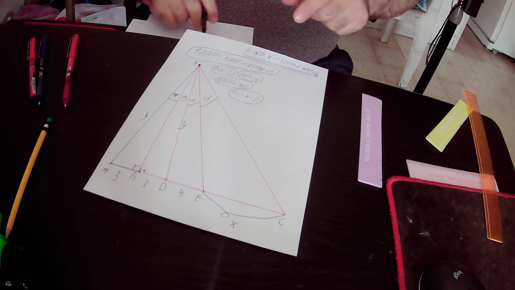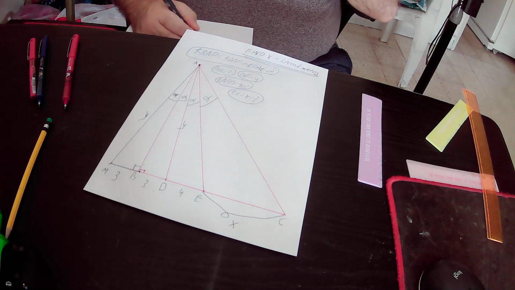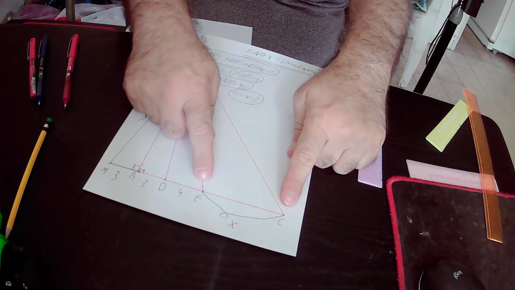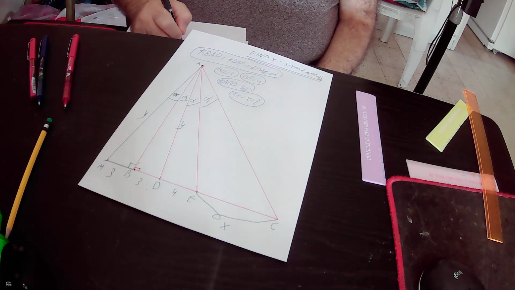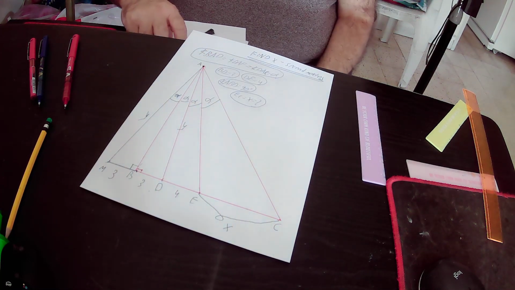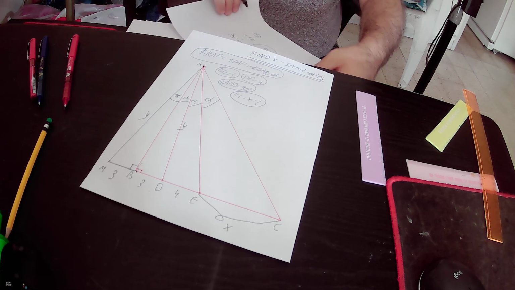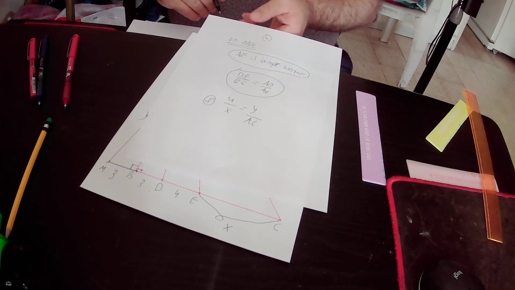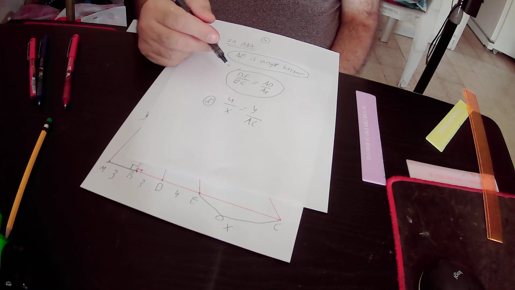What is the value of DE? DE equals 4 units. What is the value of EC? EC equals X. What is the value of AD? AD equals Y. So we got that 4 over X equals Y over AC.